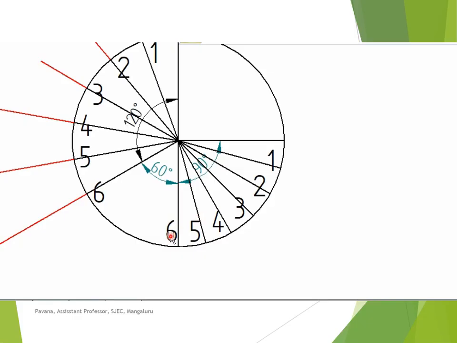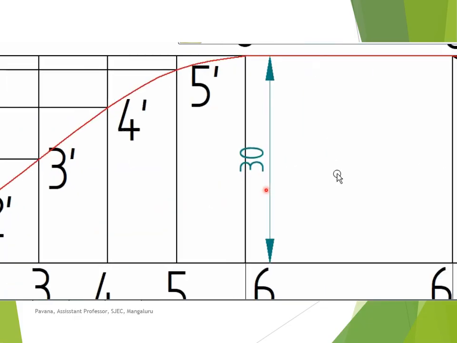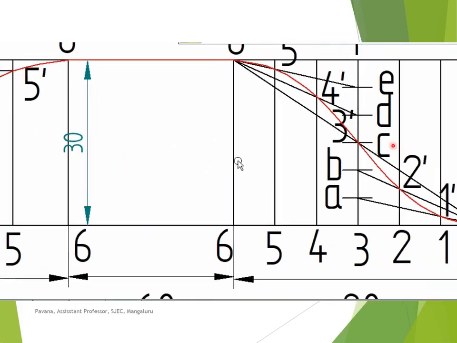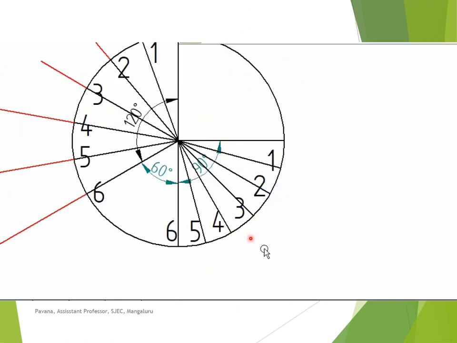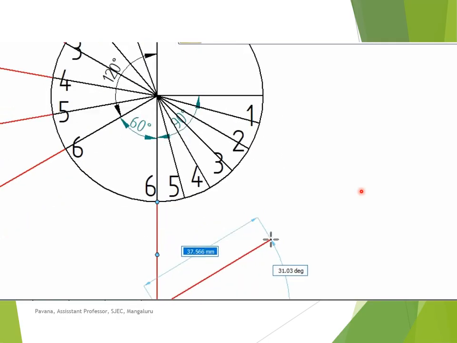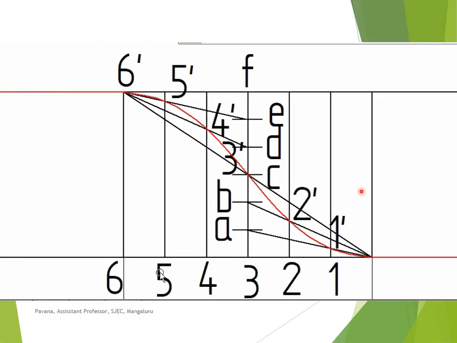We'll go to the next section, that is 90 degree. There you have again the distances, 6 dash, 5 dash, 4 dash, 3 dash, 2 dash, 1 dash. Measure that and join to these endpoints. How you did in the first case, do the same things here also. Measure 5 to 5 dash distance.